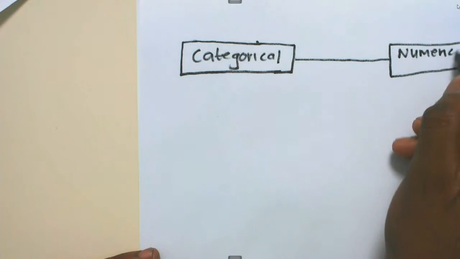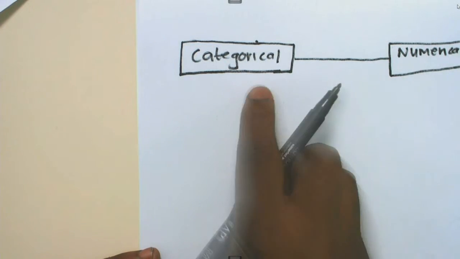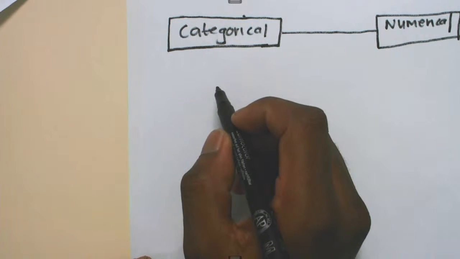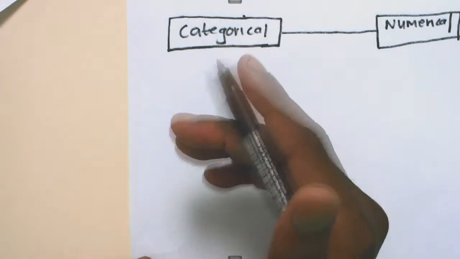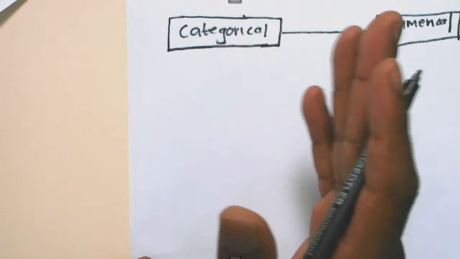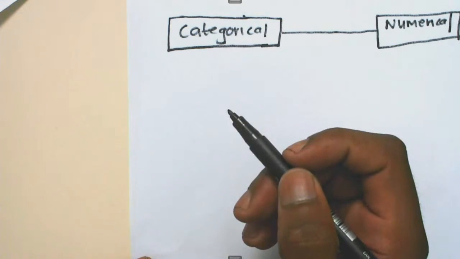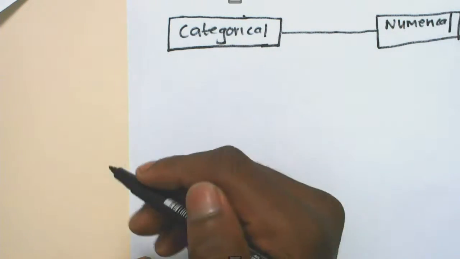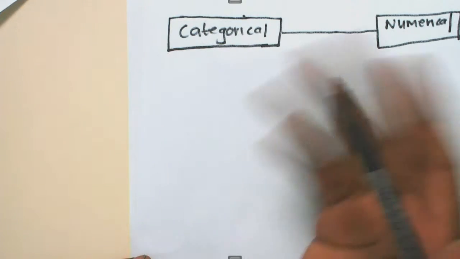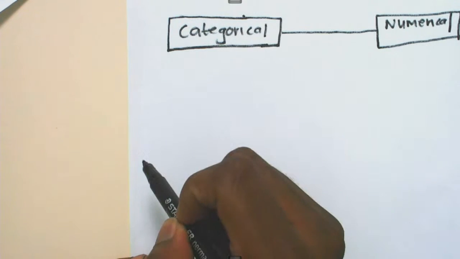And categorical, I said to you learners, whenever we talk about categorical data, we talk about data that involves categorizing according to certain properties. Like for example, a country of birth, a smell, maybe a color. We take colors and classify them according to their specific properties. That's what we call categorical data.